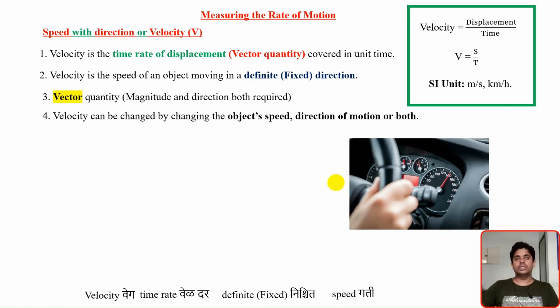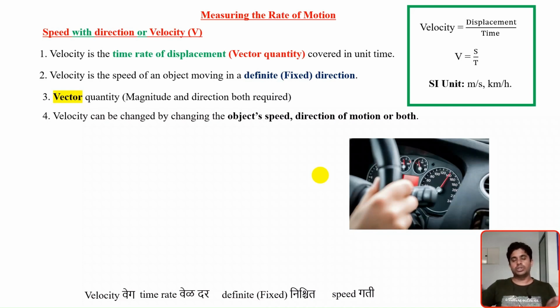Second option is that you turn the steering wheel to the left side or to the right side. It means you are changing the direction of the motion. That is the second option. And the third option is that, together or at a time, you are changing the car speed and also rotating the steering wheel, either left or right.